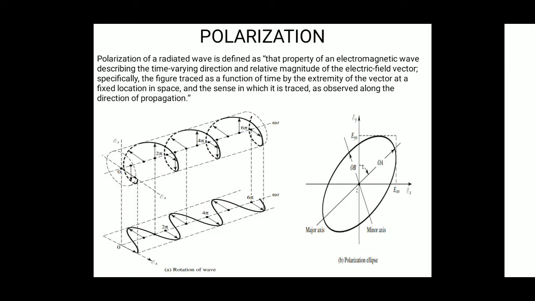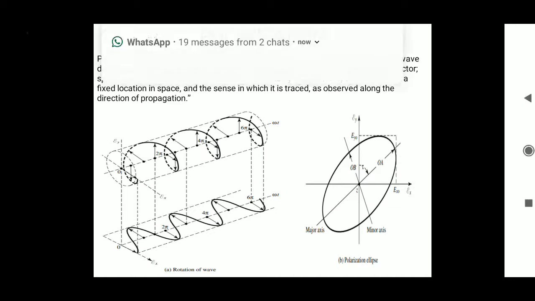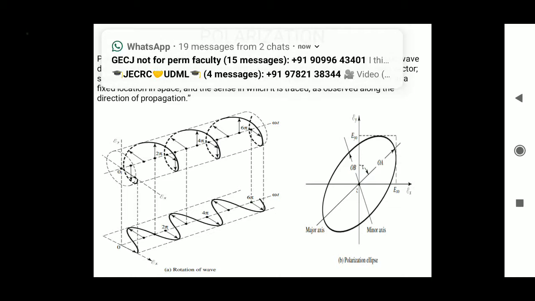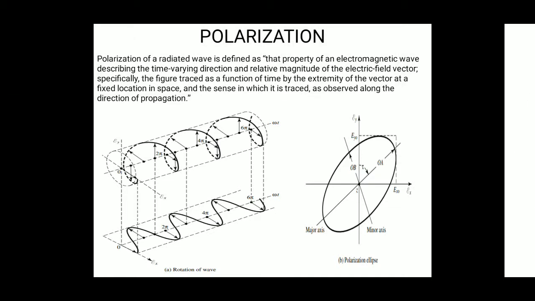Basically, the electric field components x and y are perpendicular to the direction of propagation. And the second thing represents the ellipse.